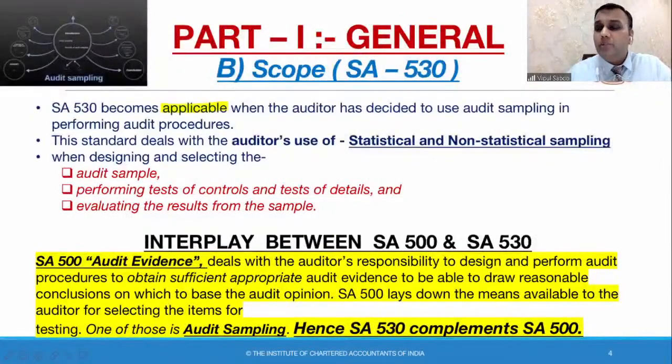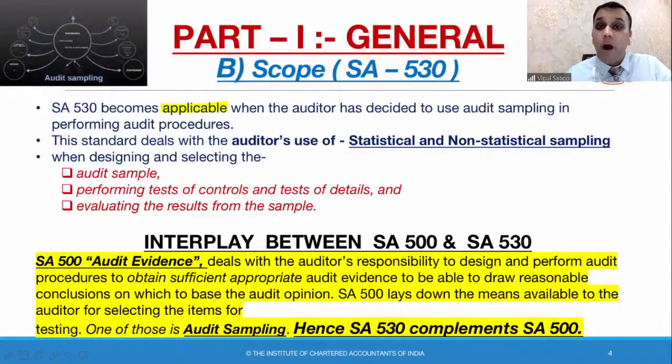So, I can come to an inference that it is not mandatory for the auditor to resort to audit sampling. He can go for 100% detail checking. He can check each and every entry, each and every account, each and every control.